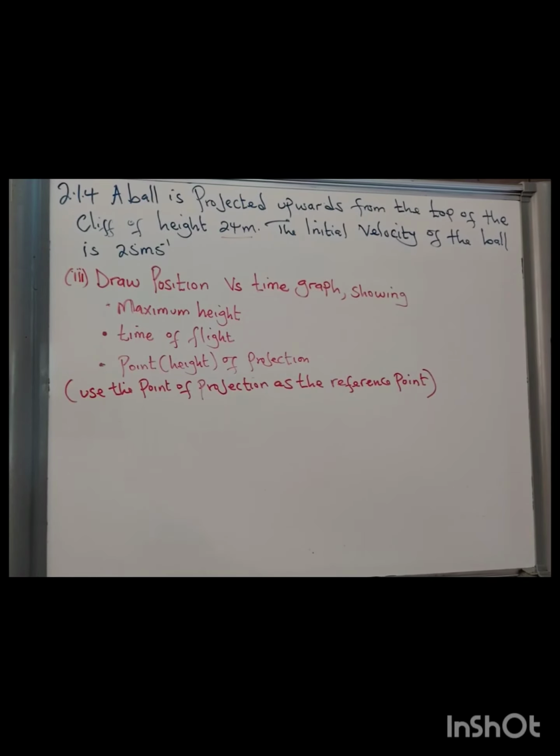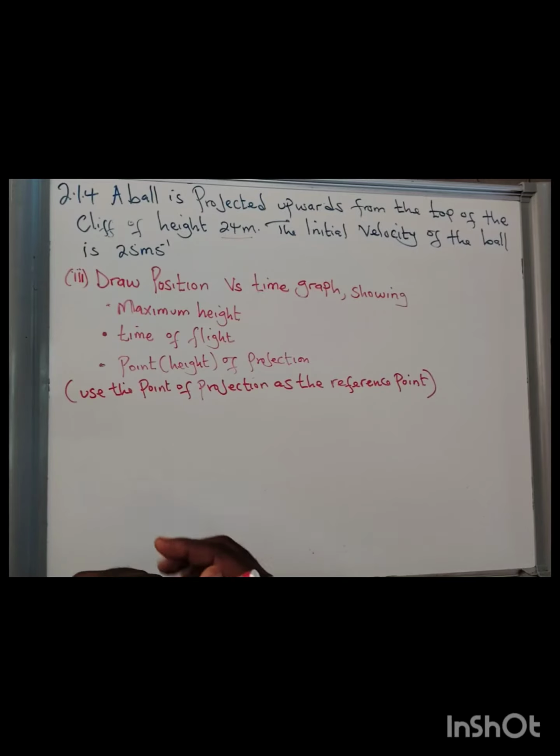Yeah, then comes another question. It is almost the same as the previous question. It says, draw a position versus time graph showing maximum height, time of flight, point or height of projection.